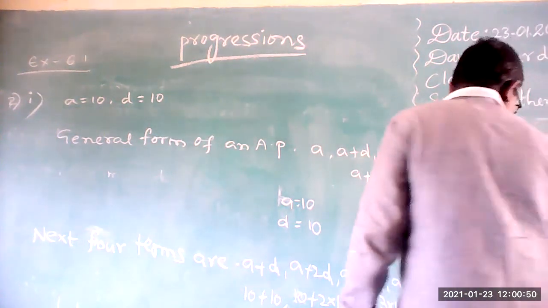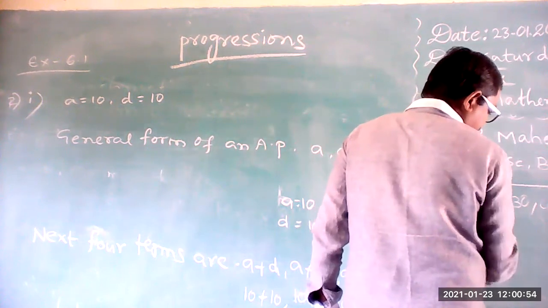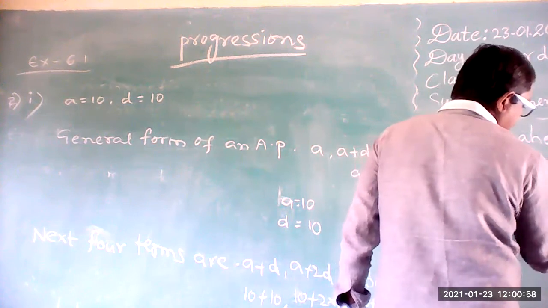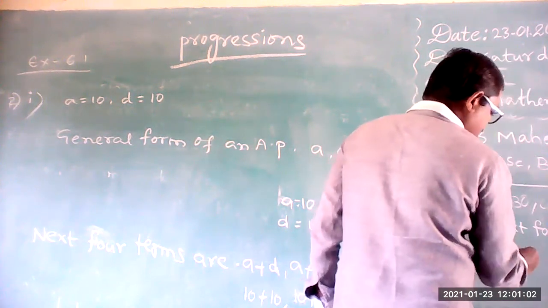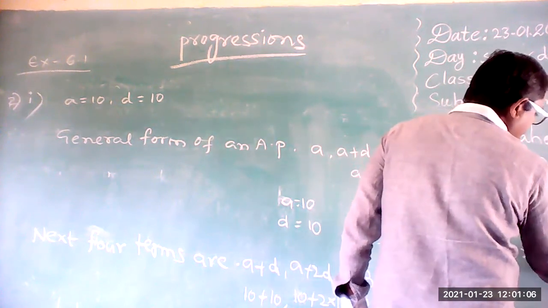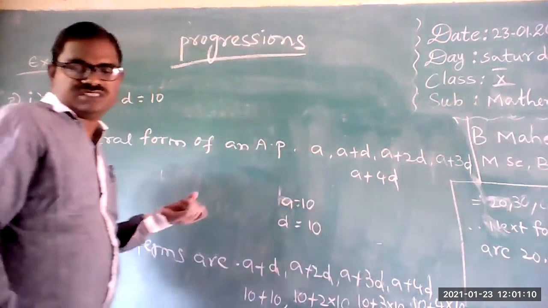So the next four terms are 20, 30, 40, 50. The first term, 10, is already given. So this is the answer.